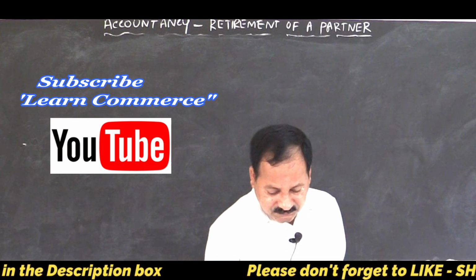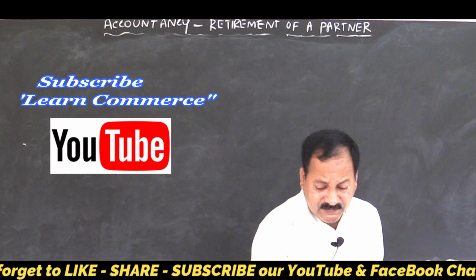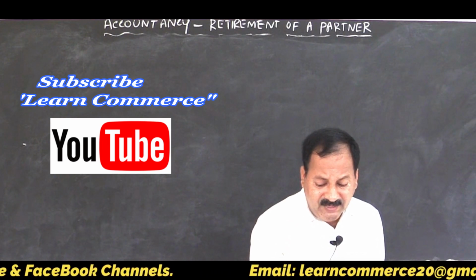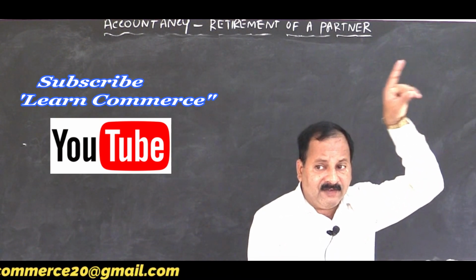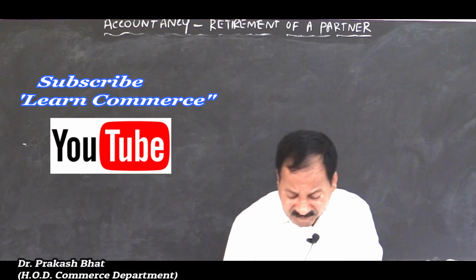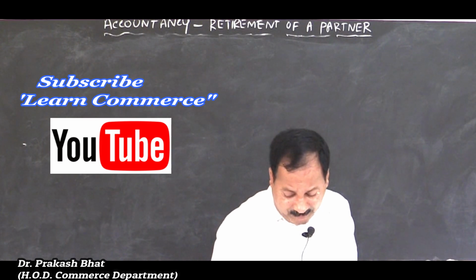Then provision for bad debts is to be increased to 15% on debtors. What did they tell? Provision for bad debts to be increased to. That means that is the final figure, that is the final value, isn't it? So if you calculate 15% on gross debtors of 20,000, 3,000 will come.